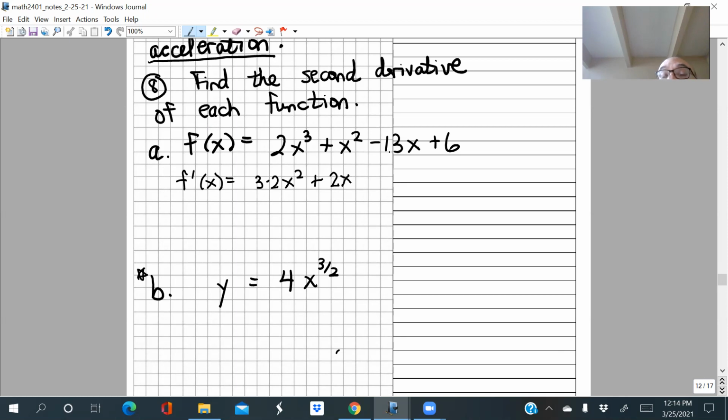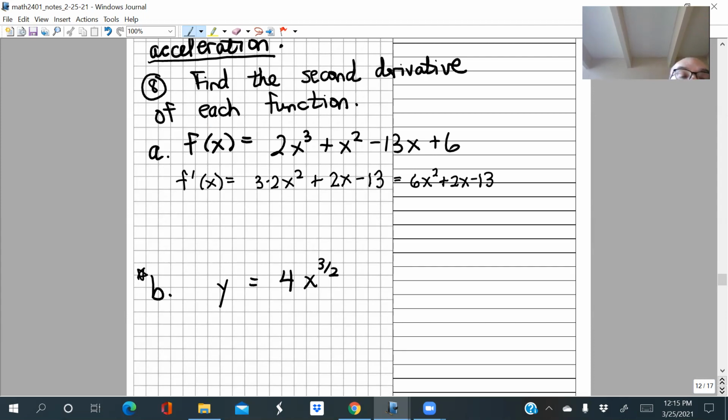The derivative of minus 13x is just minus 13. And of course, the derivative of 6 is 0, so that 6 doesn't contribute anything to our derivative. So there's the first derivative. Let's simplify that a little bit: 6x squared plus 2x minus 13.